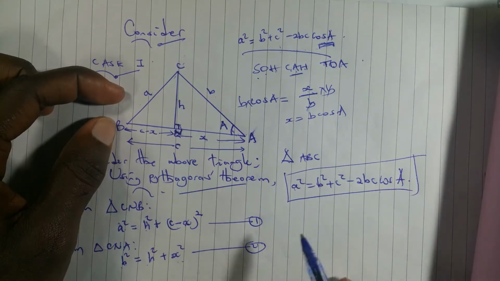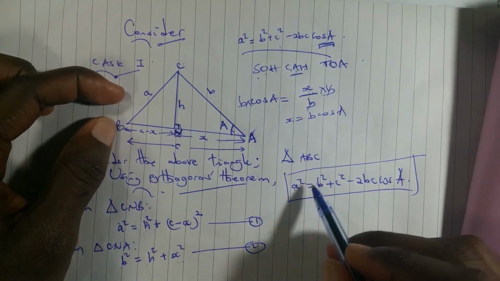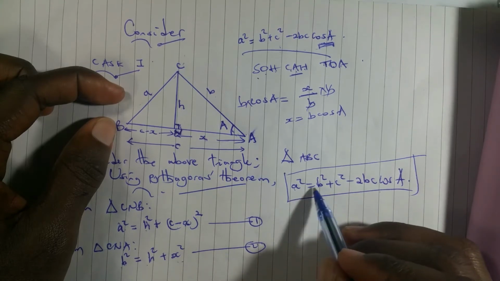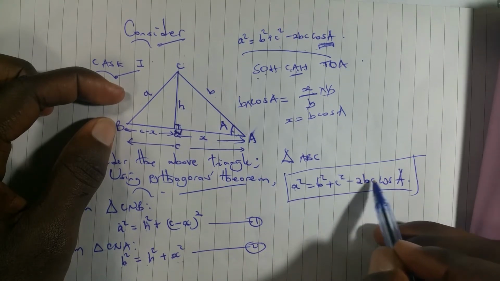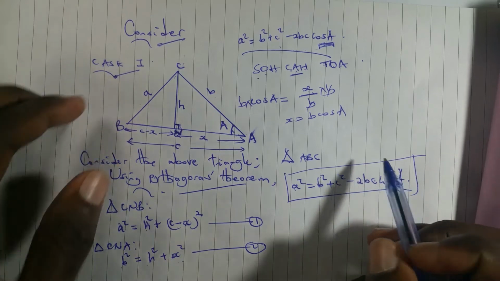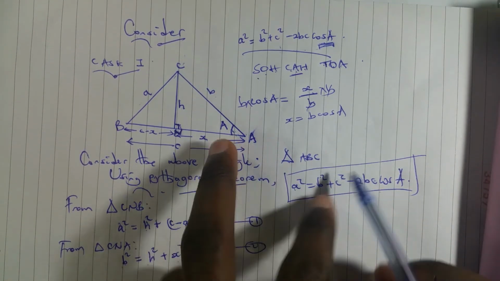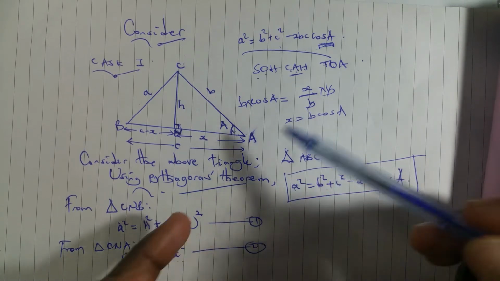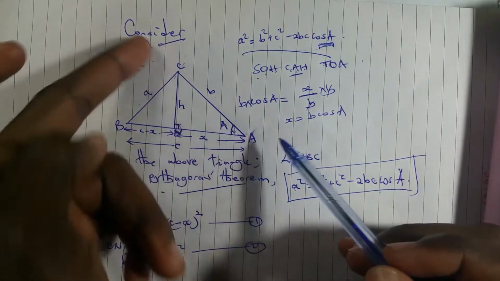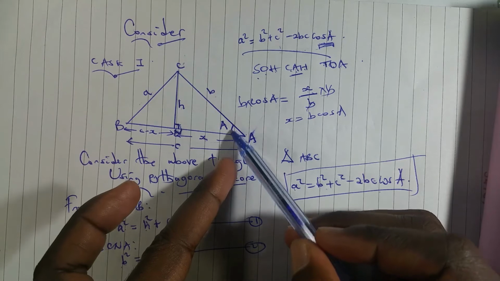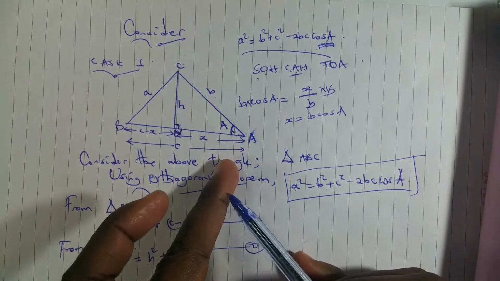So if you see clearly, this side, which is b squared plus c squared minus 2bc cos A, is the side where the angle we are using is. The sides b and c are the ones creating that angle.